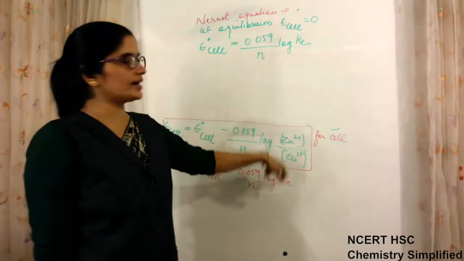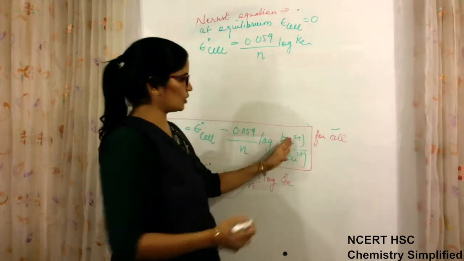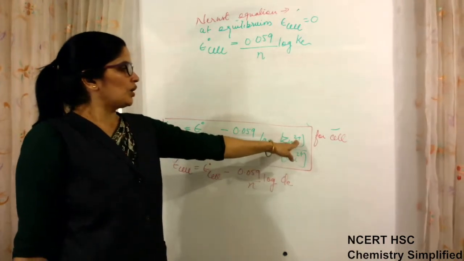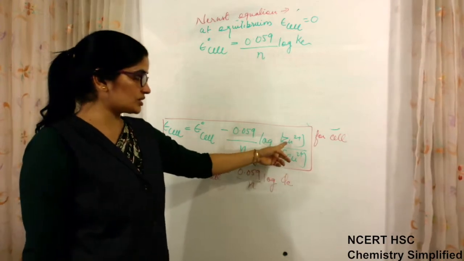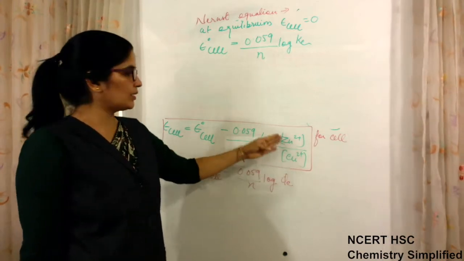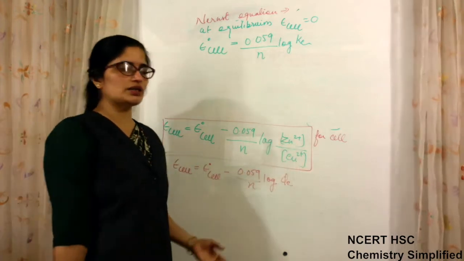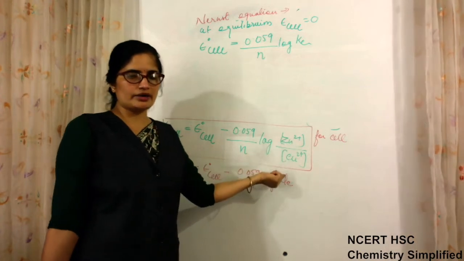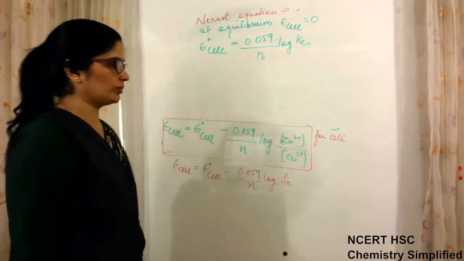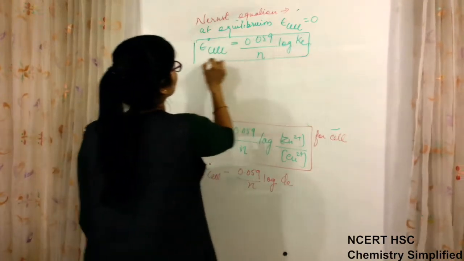This Qc at this stage will be known as Kc, where Kc is equal to concentration of oxidized ion upon reduced ion. This is the oxidized ion, this is the reduced ion. Because it is a Daniell cell, we have written zinc and copper. In any other combination, the oxidized ion will come in the numerator and the reduced ion in the denominator.